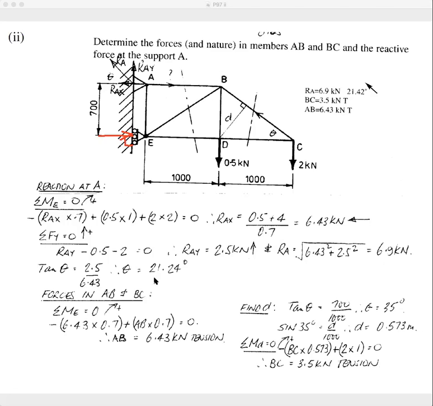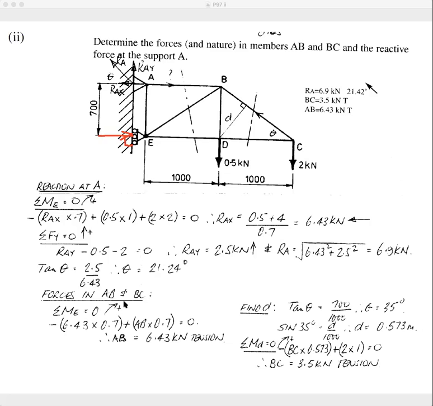It's magnitude, sense, direction, and point of application, but you already know that the point of application is A. Okay, so that's how you get the force at support A. You can't use the 3/4 rule because there are 3 forces acting there. So this is the way to do it, taking moments about E.